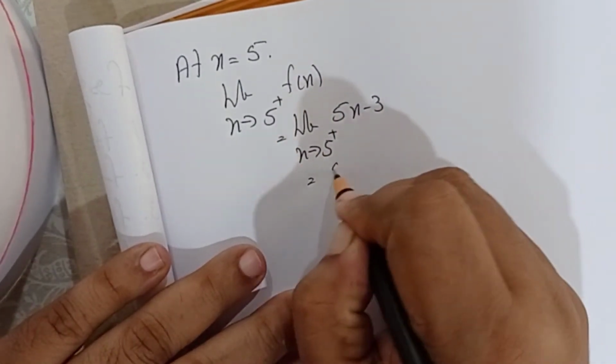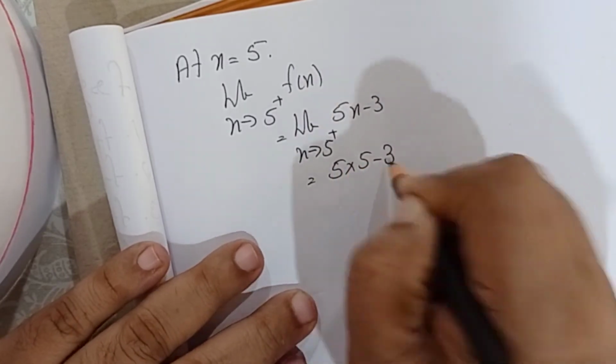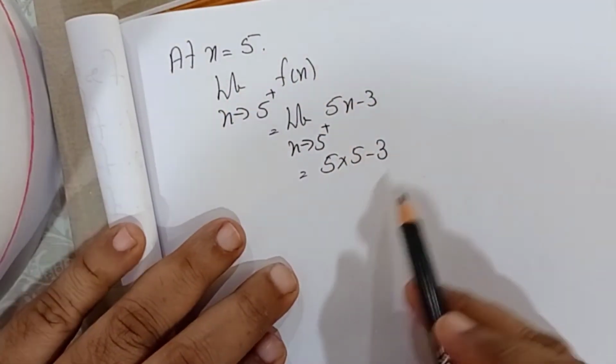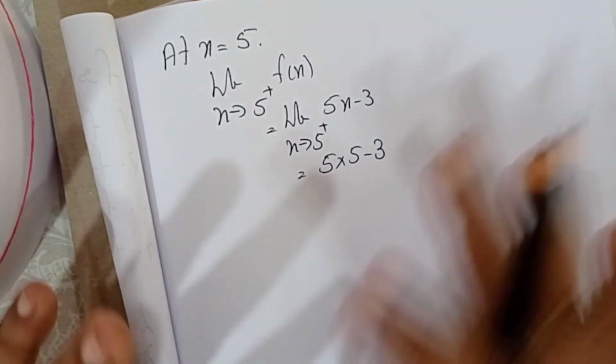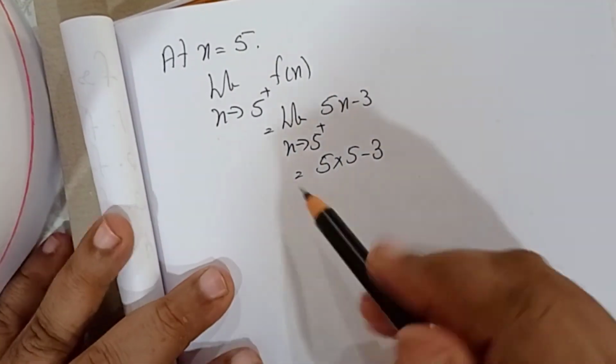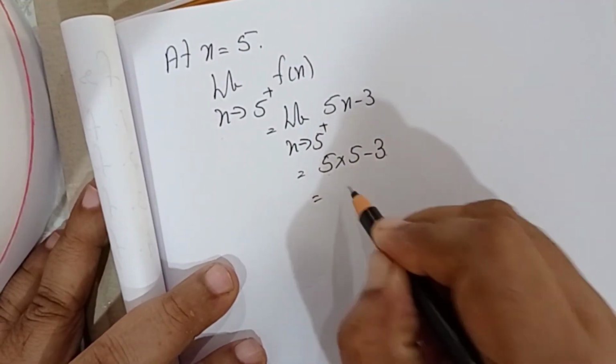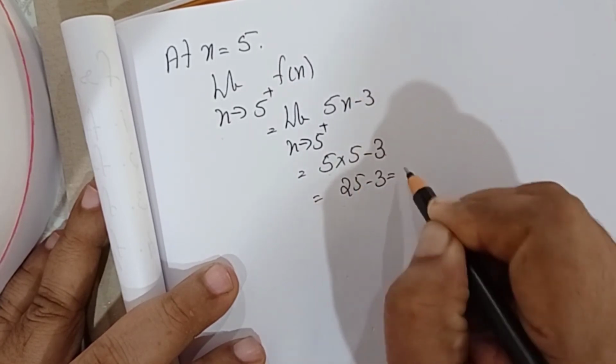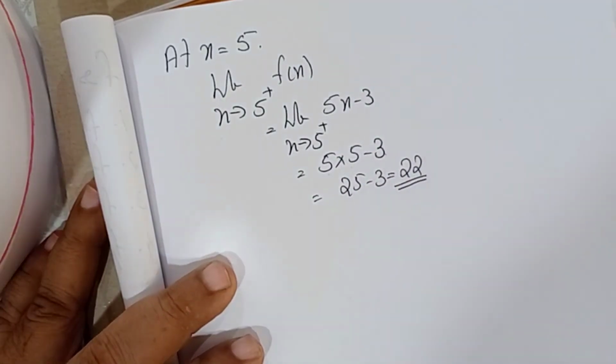What's the answer? 5 into 5 minus 3. These steps are important. Otherwise, it looks all same. Understand? 5 into 5 minus 3 means 25 minus 3. What is the final answer? Yes, 22.